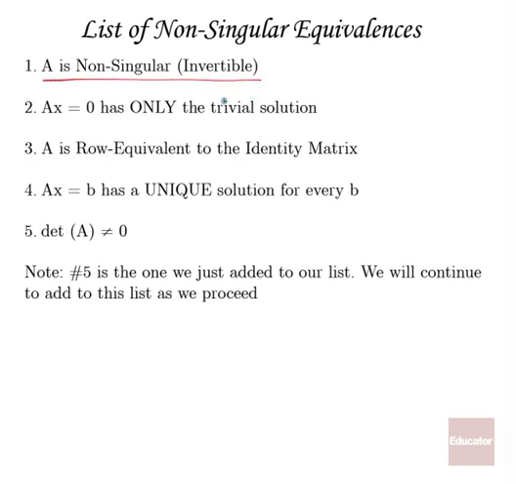That's the same as saying that if I take A and multiply by some variable matrix, the homogeneous linear system AX equals 0 has only the trivial solution.